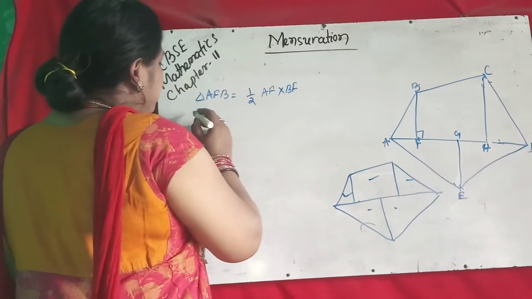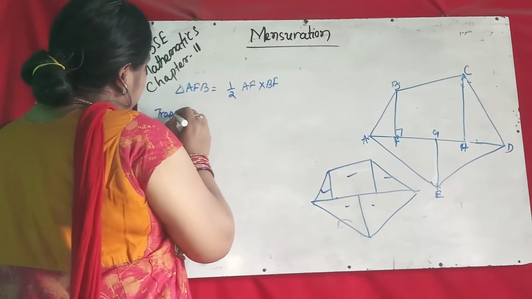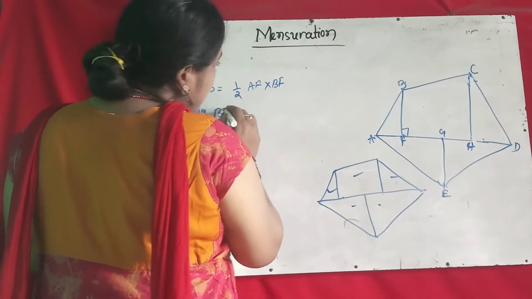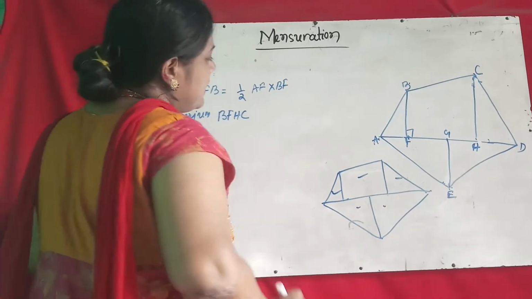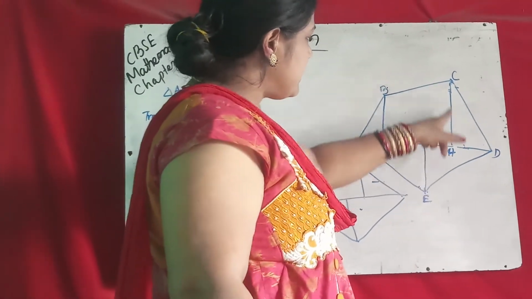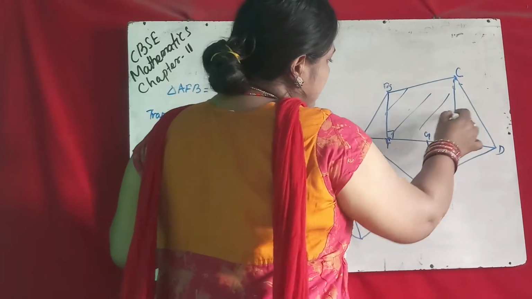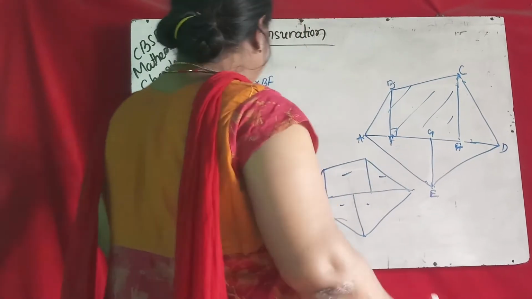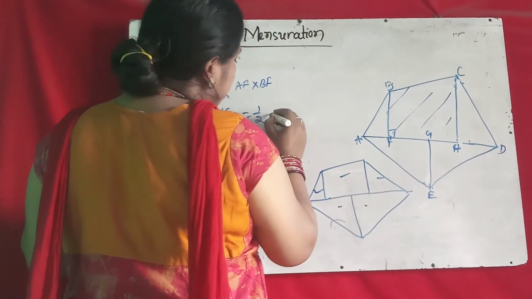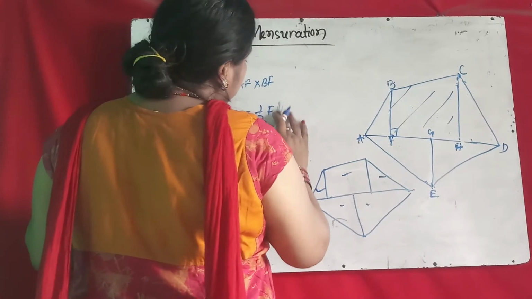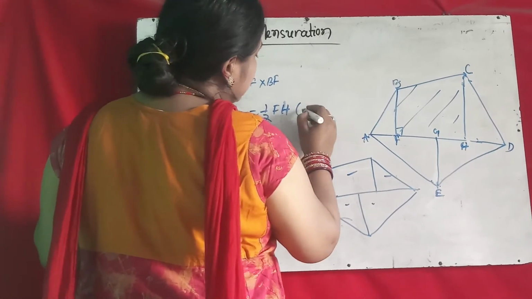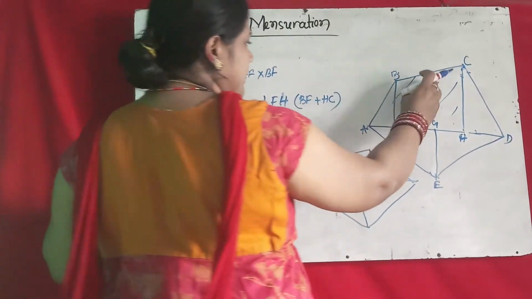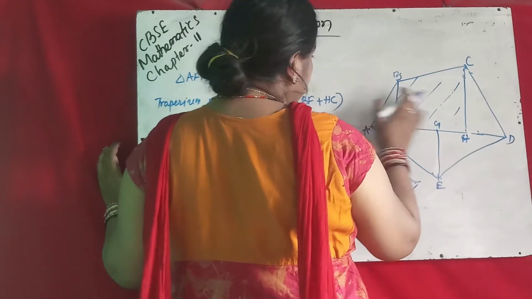Then trapezium BFHC. This area has two parallel sides and this is the height. So it is half into height FH, into the sum of two parallel sides, BF plus HC. By using this formula you find the area.